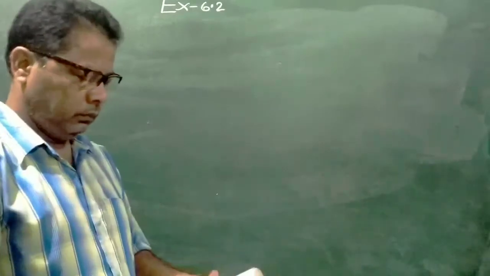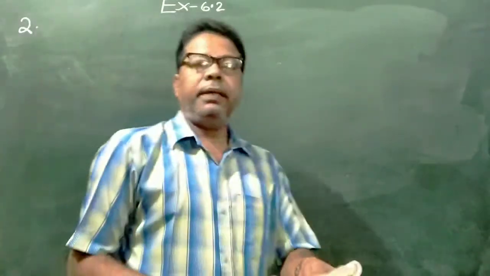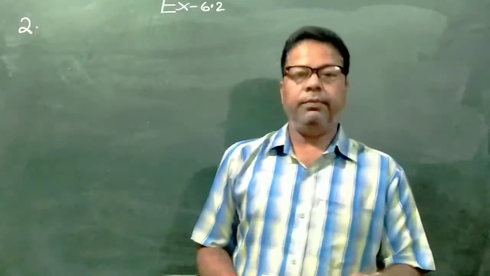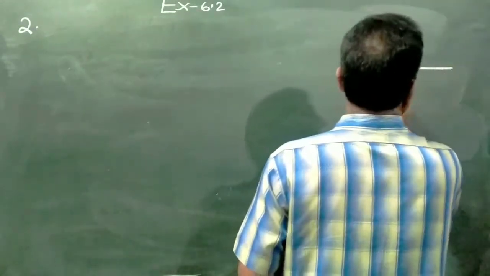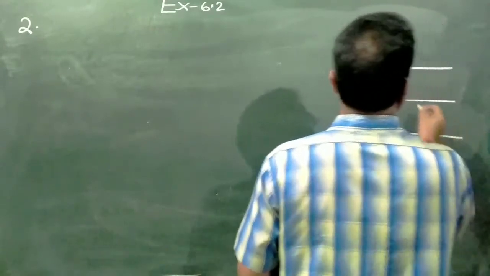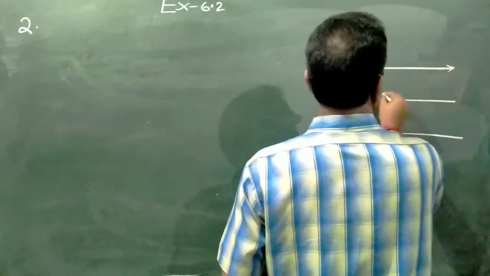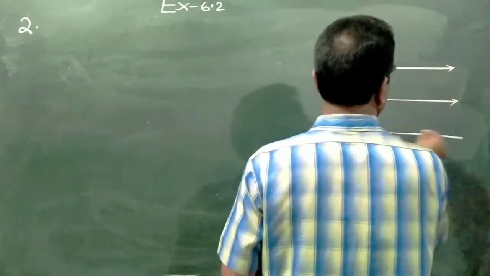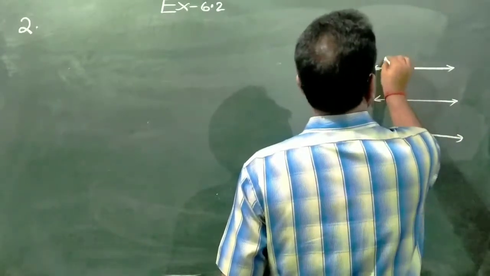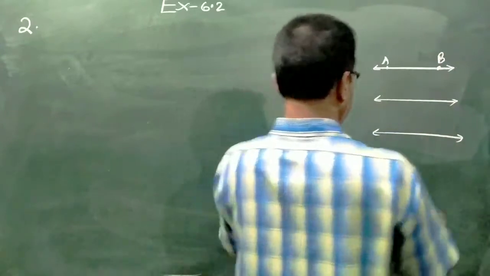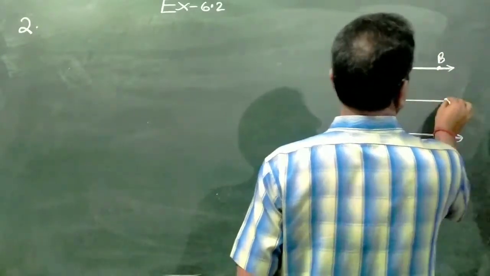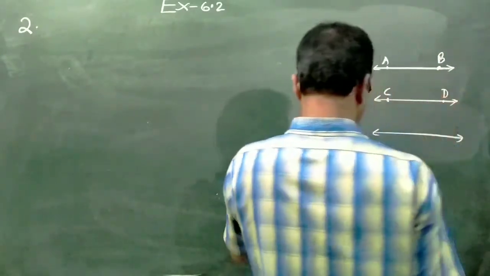Question number 2. Here AB is parallel to CD, parallel to EF. Three lines are parallel: AB, CD, and EF.